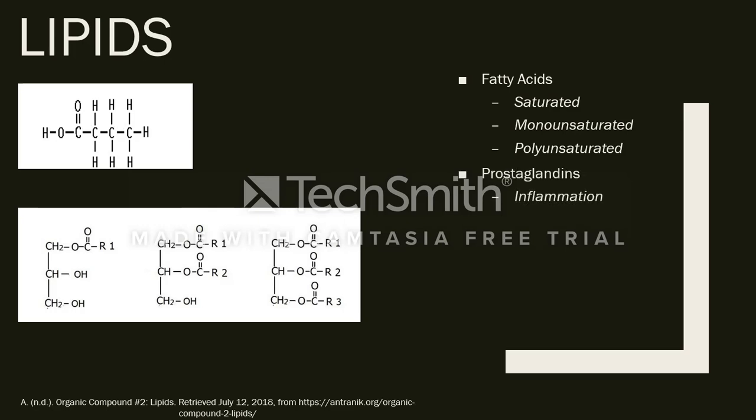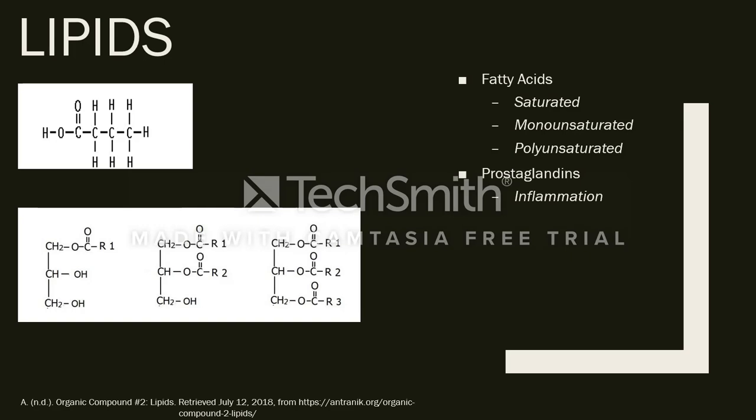Then the next type of lipid, which we're going to dive into, are the prostaglandins. Okay, these are highly associated with inflammation, right? So a prostaglandin is simply 2 long chains of fatty acids joined with a loop of carbons at the end, okay? So the importance of the prostaglandin is this, okay?